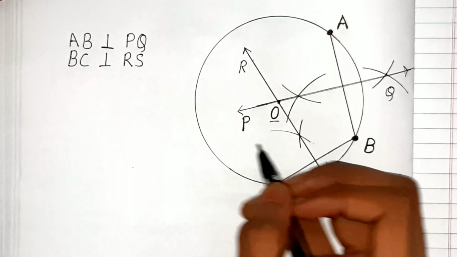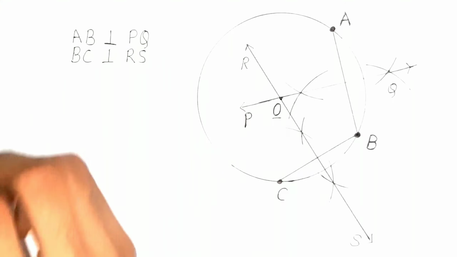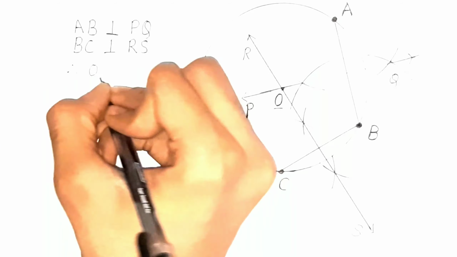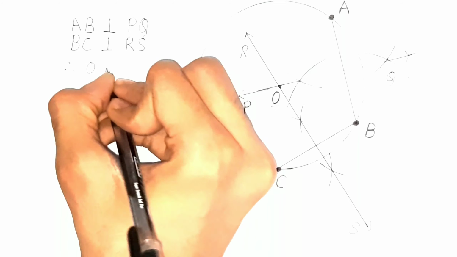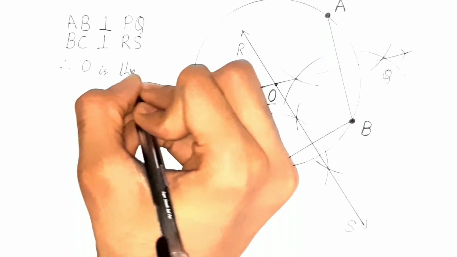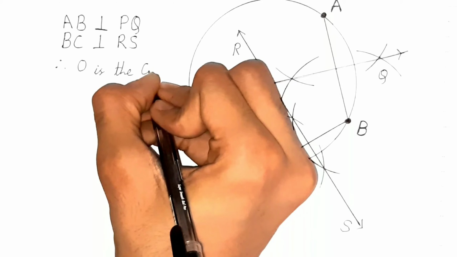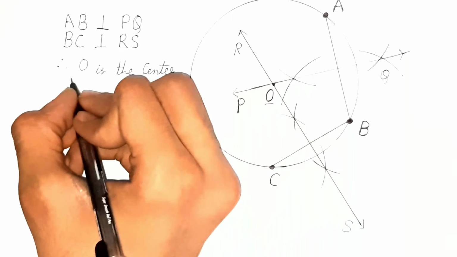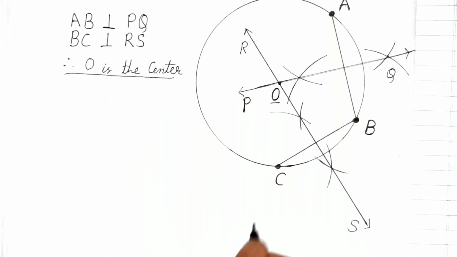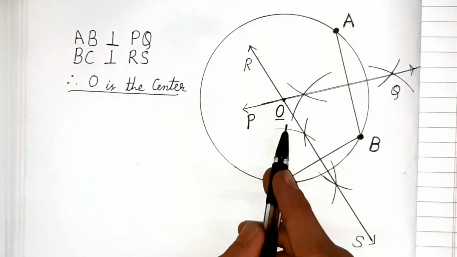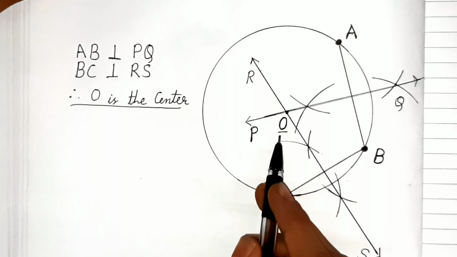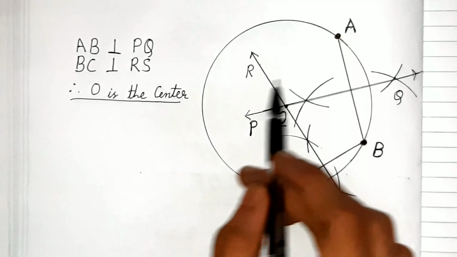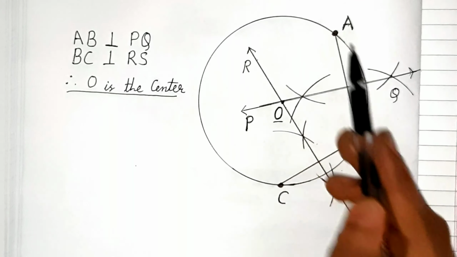So now we'll write that our center is O. So therefore O is our center. Now we need to prove that there is only one circle that can pass through all the 3 points. So as O is the center and only one circle can pass through all these points.